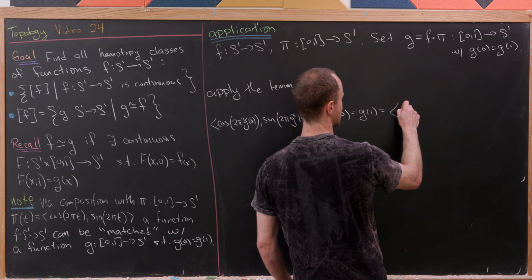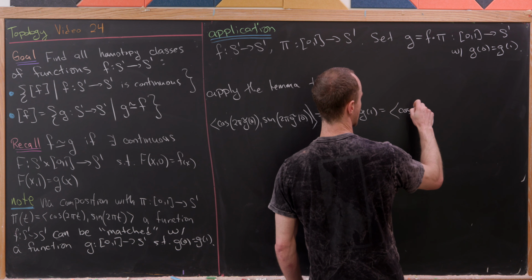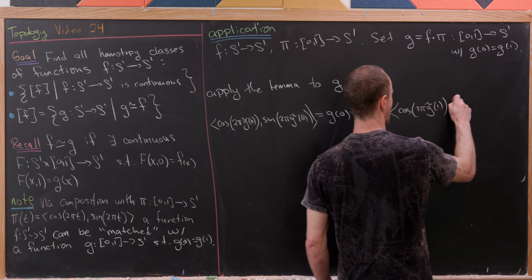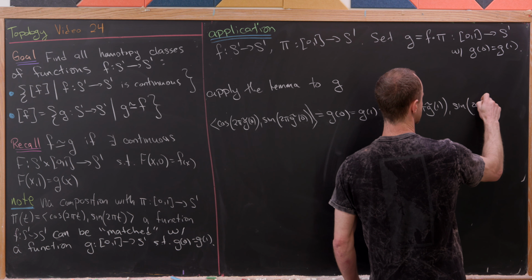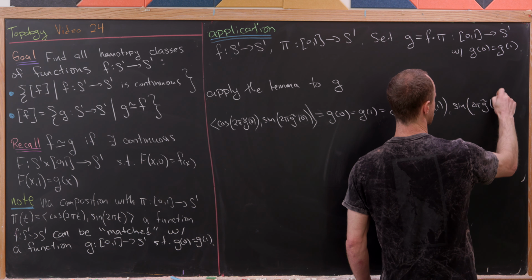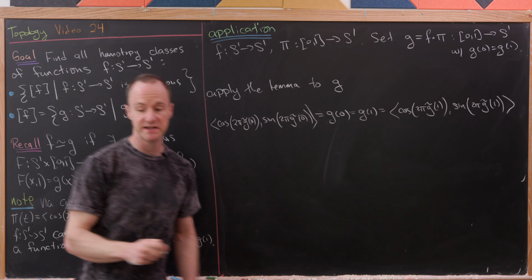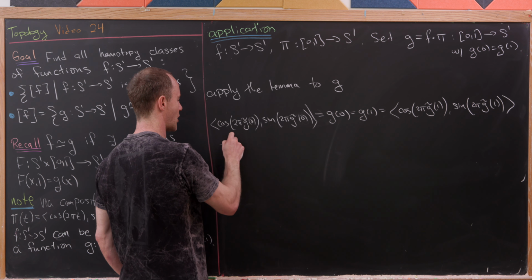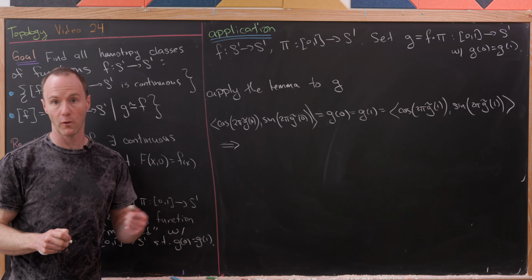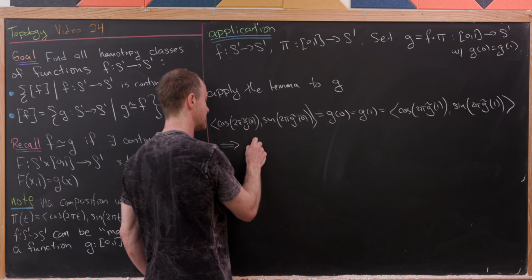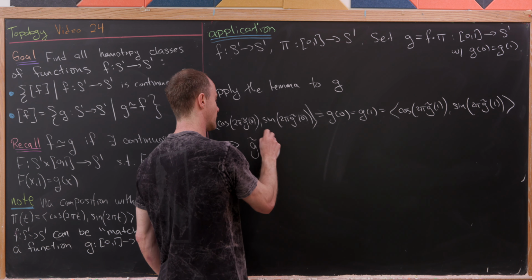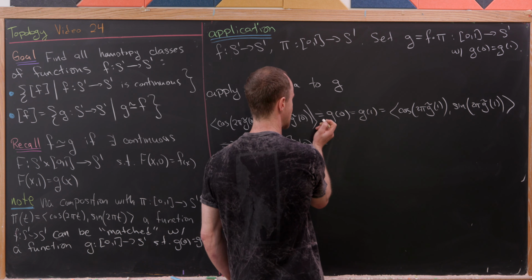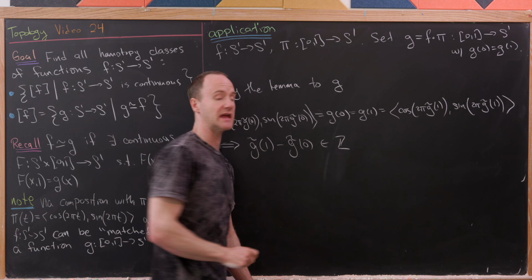So that's going to be the same thing as the cosine of 2 pi g tilde evaluated at 1 and sine 2 pi g tilde evaluated at 1 for the same kind of reason. But then by the same argument that we used just before for uniqueness, that means that g tilde of 1 minus g tilde of 0 is in fact equal to some integer.